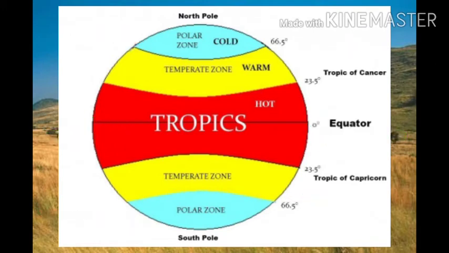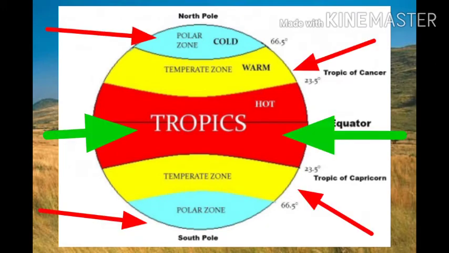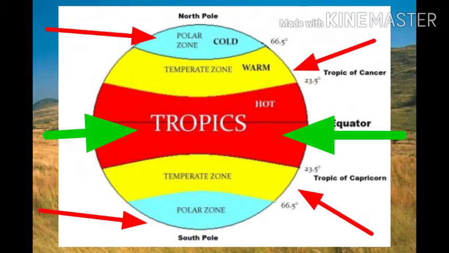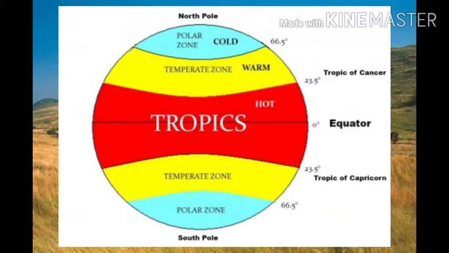And if you see the yellow color, from 23.5 degree to 66.5 degree, on both sides north and south, the areas with the color yellow are the warm zone, a little bit moderate zones, and these areas are known as the temperate zone.